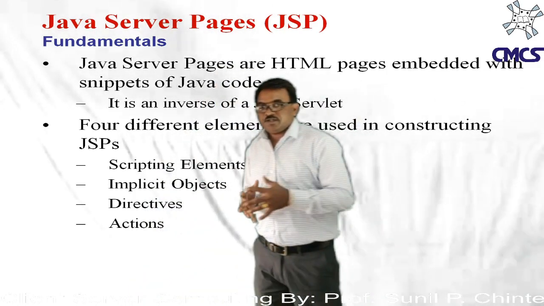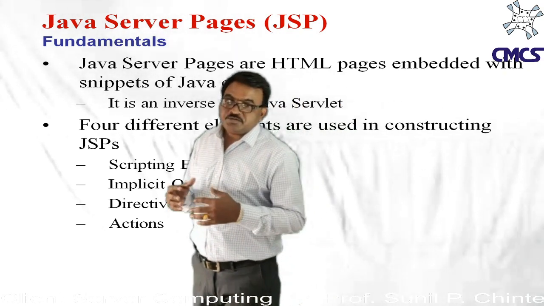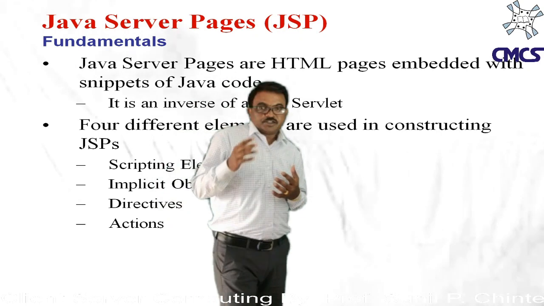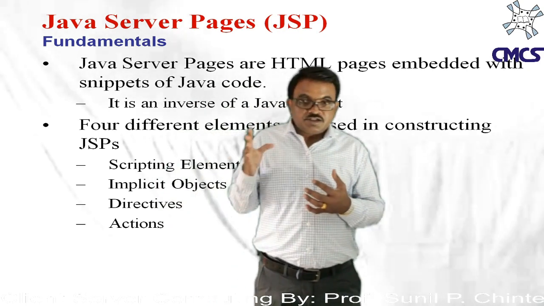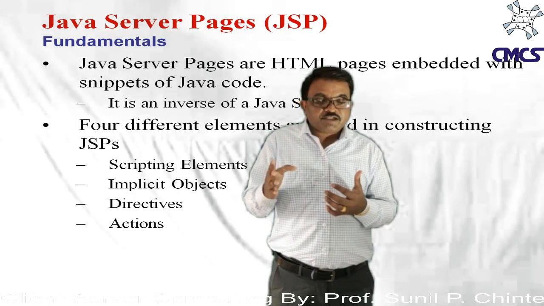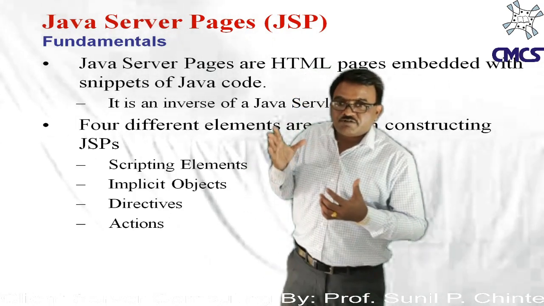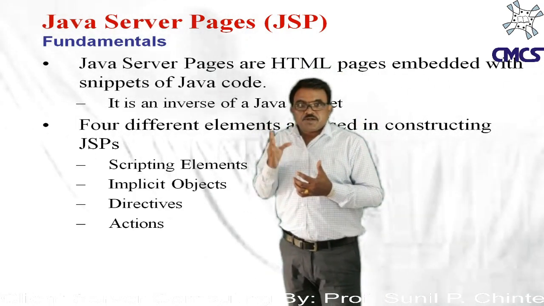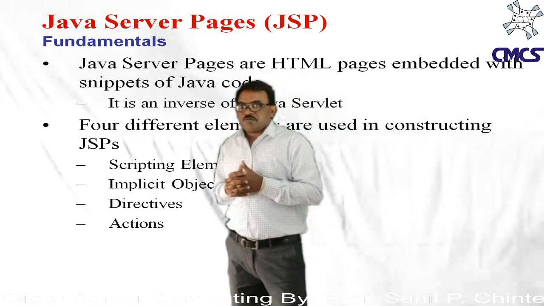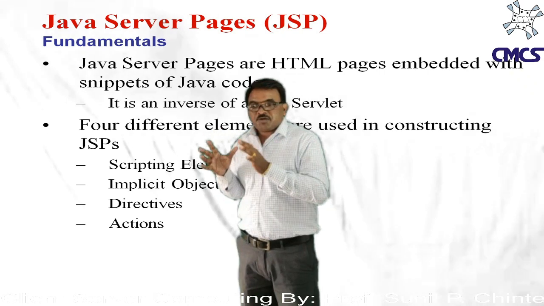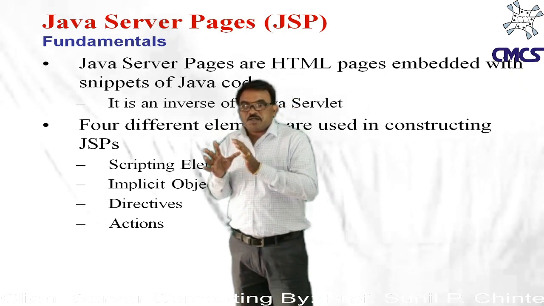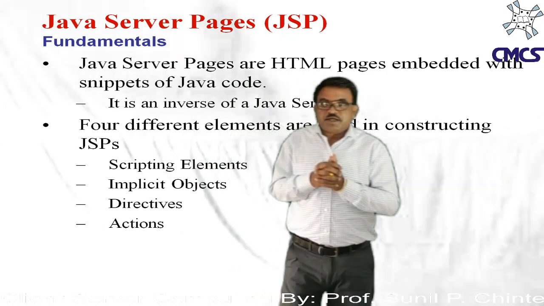I already told you JSP is nothing but a Java Server Page. These Java Server Pages are HTML pages embedded with Java code. Actually it is an HTML web page in which the Java code is embedded.